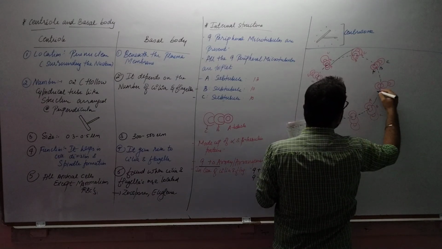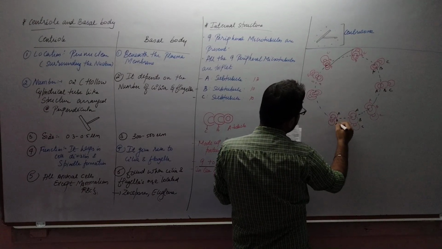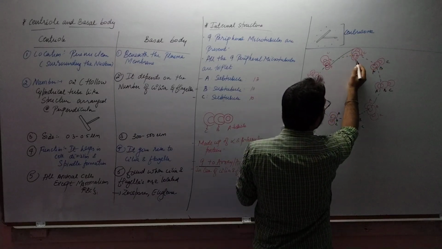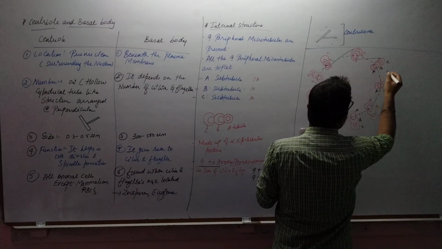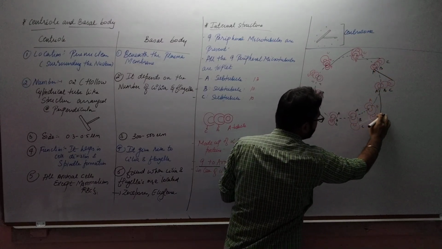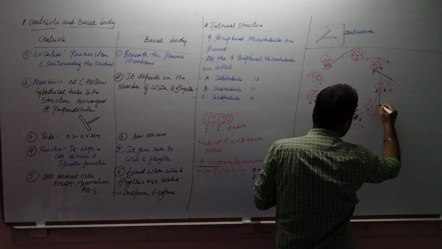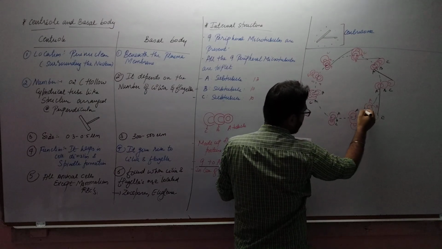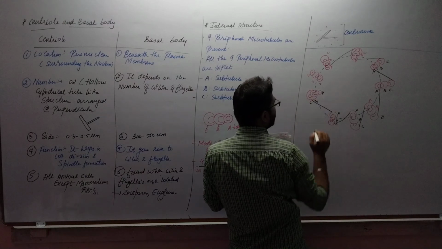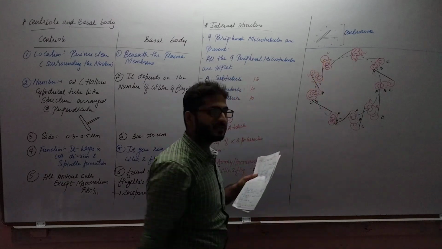Actually we have to label all the ABC. Let us label ABC in all the structures, because we have to show the AC linkers. So this A is connected to this C, this A is connected to C, A connected to C, this is C, again A connected to C, A to C connection, like that it is connected.